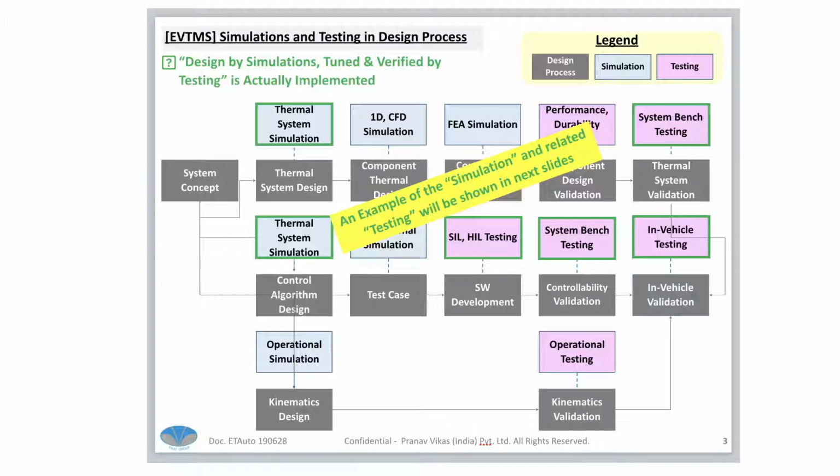I just explained one example. Maybe it's too technical for some of the people. This is the design process using simulation and testing for this kind of system, starting from the concept to the design of the system, algorithm, and also kinematics.